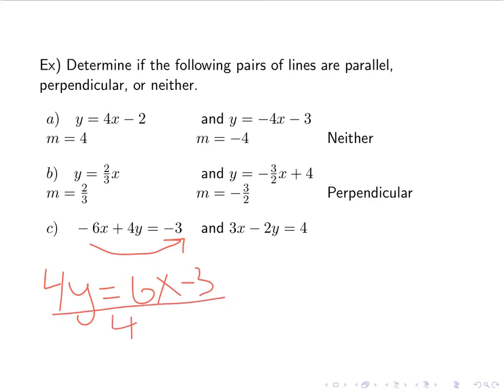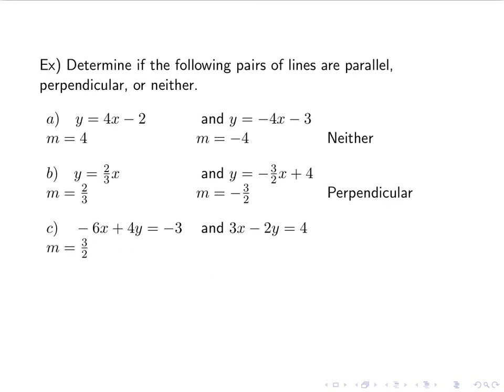Now remember, all I care about is the slope, so I don't care about the y-intercept. All I want to know is what is this coefficient of x. So it's 6/4, and then we should simplify it. So we get 3/2.